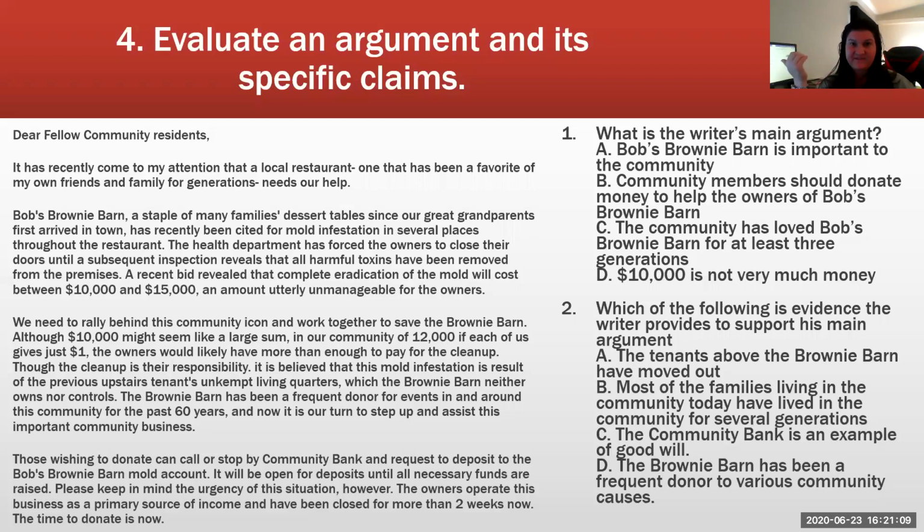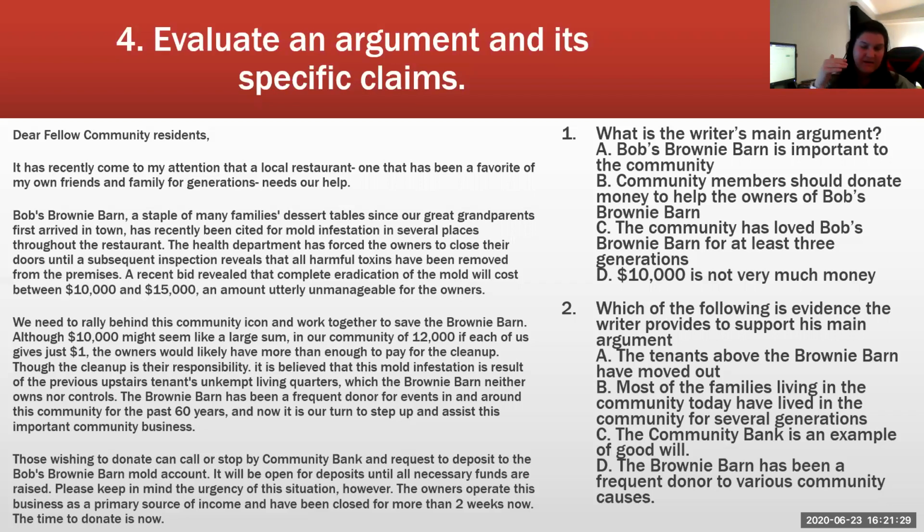The families that have lived in the community today have lived in the community for several generations. Again, that's a supporting detail, but not supporting the main argument. The community bank is an example of goodwill. Again, it's a detail. It doesn't support the main argument.